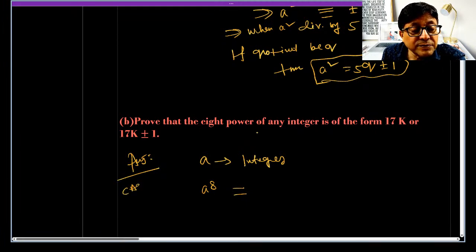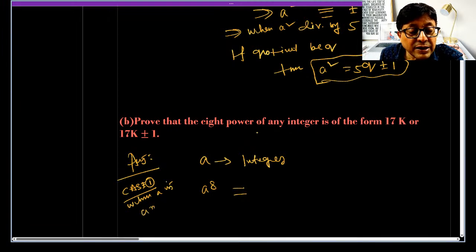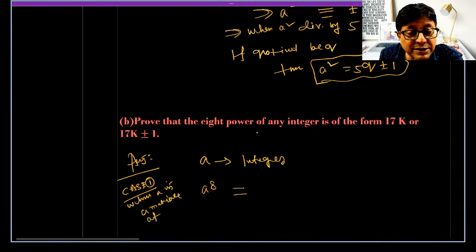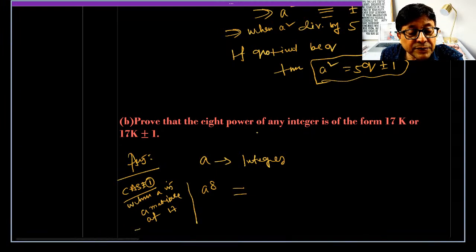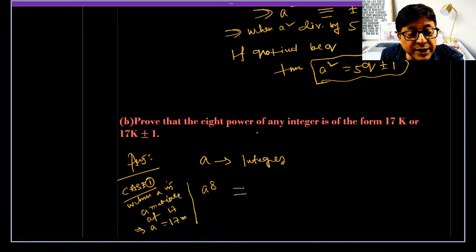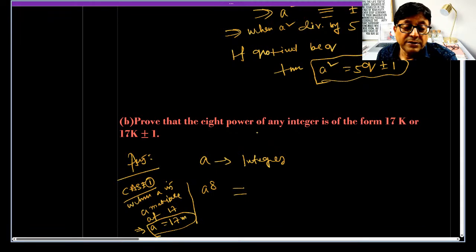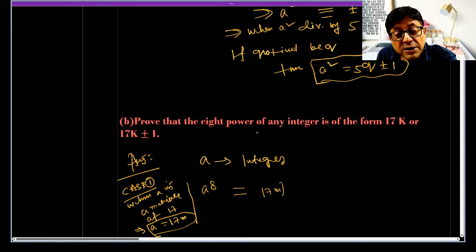Case 1 is when a is a multiple of 17. How can I write a? This implies a is of the form 17m, where m is an integer. So a to the power 8 in that case will be (17m) to the power 8.